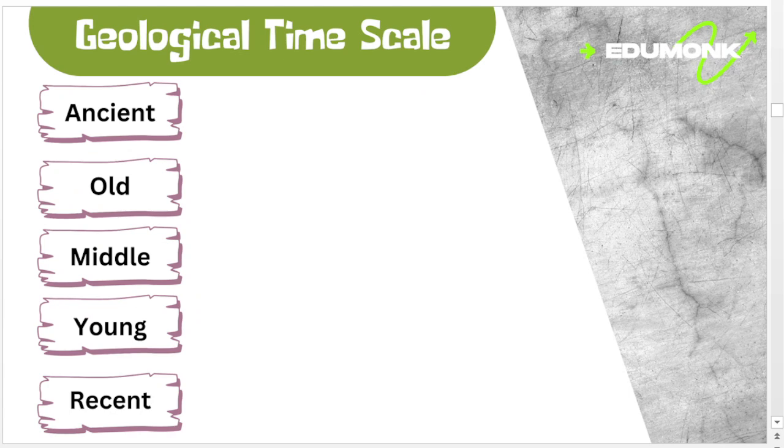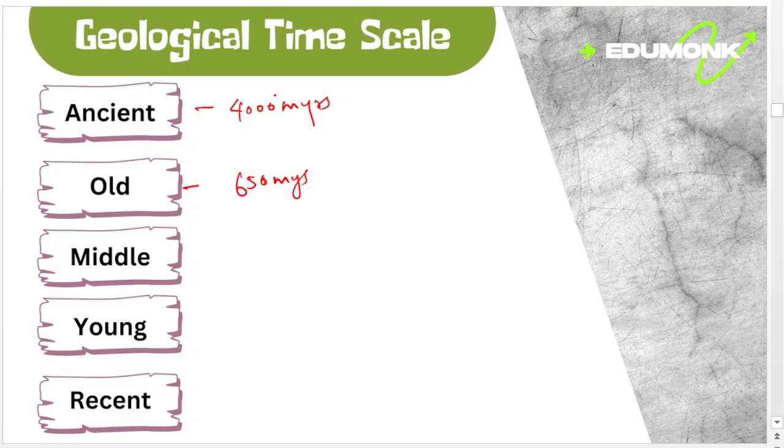In the geological time scale, the time is divided into five parts: ancient features, old features, middle features, young features, and recent features. Ancient features means the physical features formed around 4,000 million years ago. Old features means the physical features formed 650 million years ago, that is, between 650 and 4,000 million years ago.